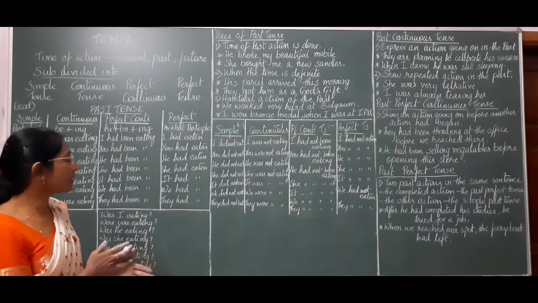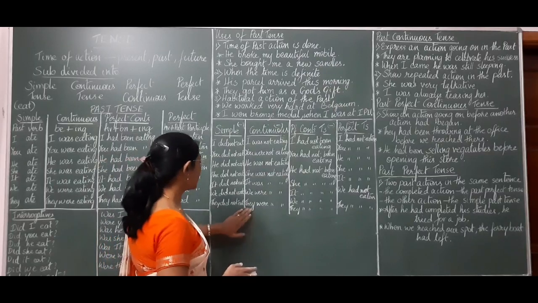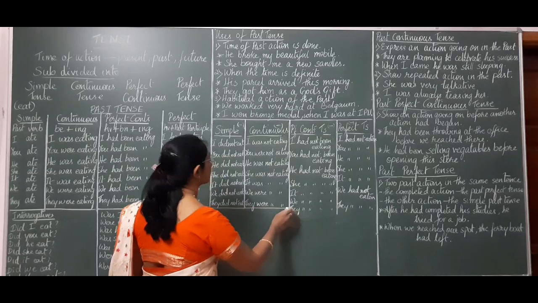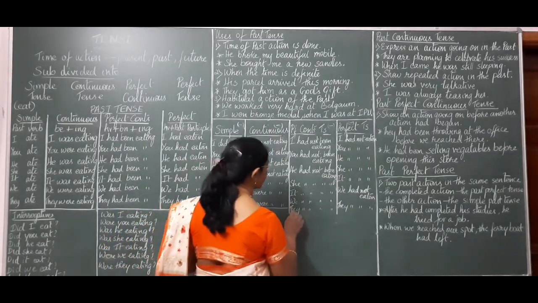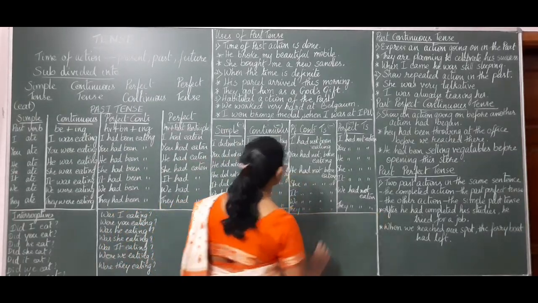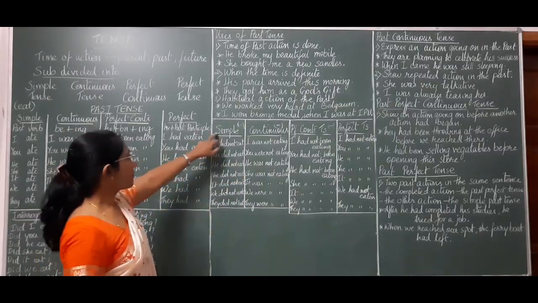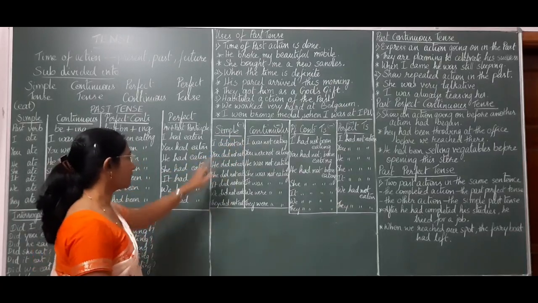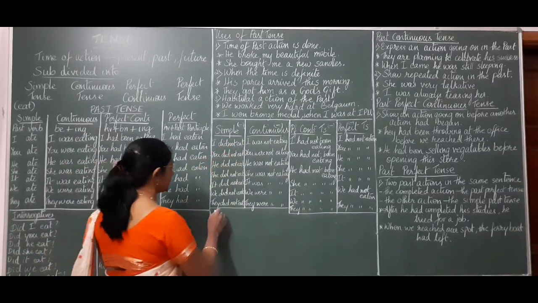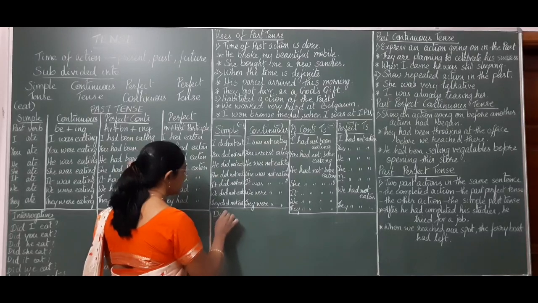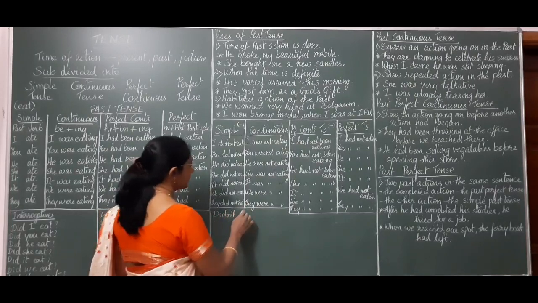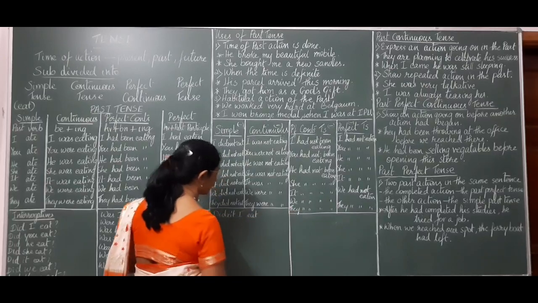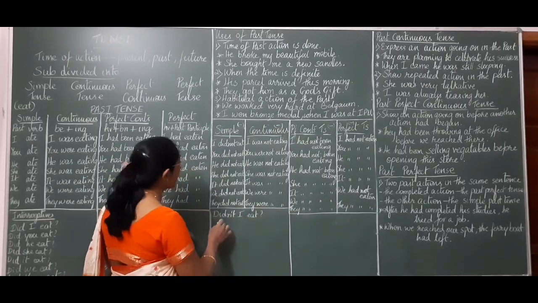Now we shall look into the negatives and the interrogative. Past simple into negative, changed into interrogative. I did not eat. Into interrogative, didn't I eat? End up with a question mark.